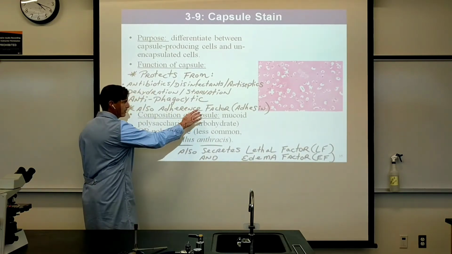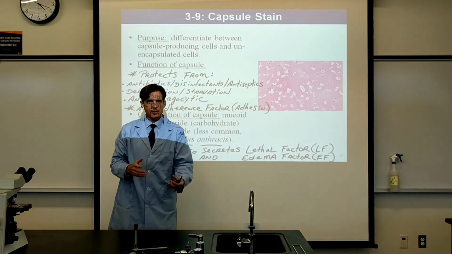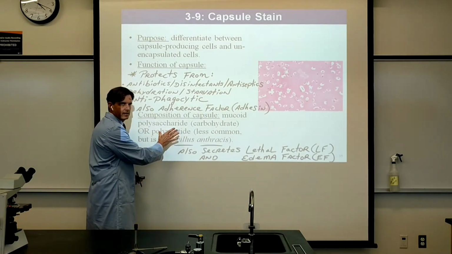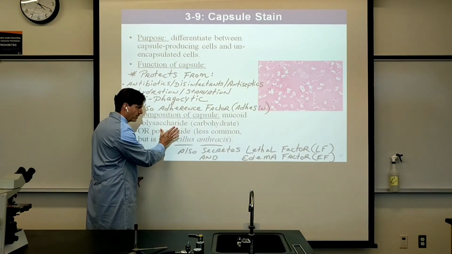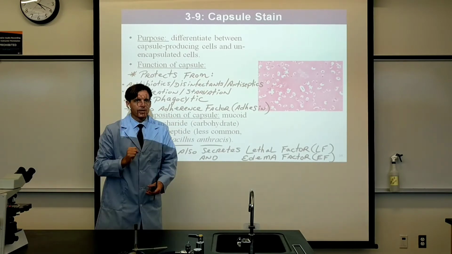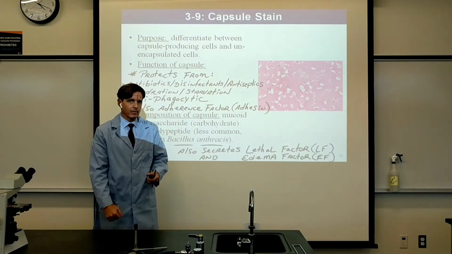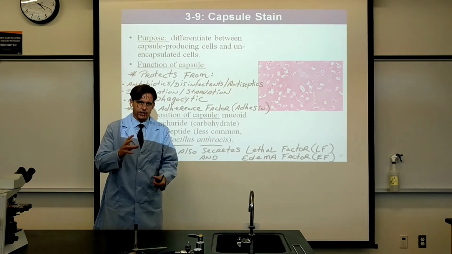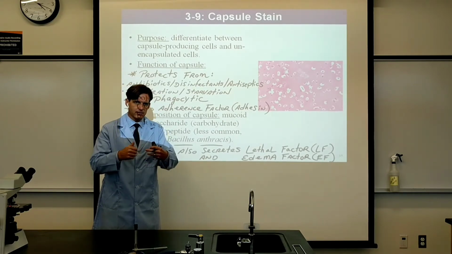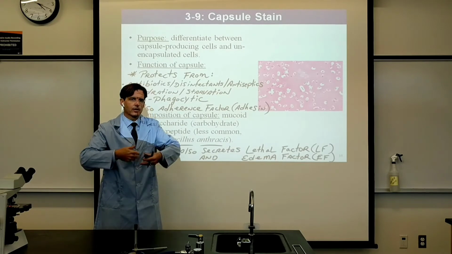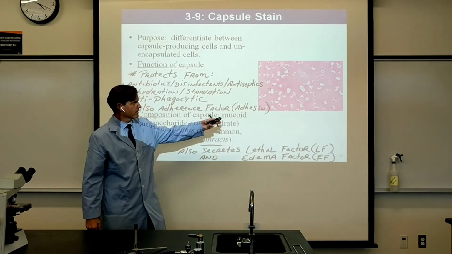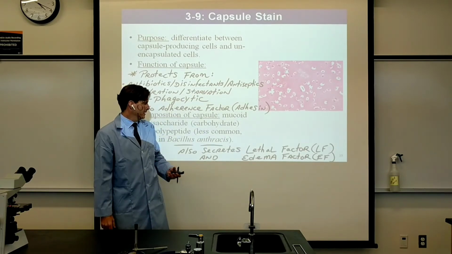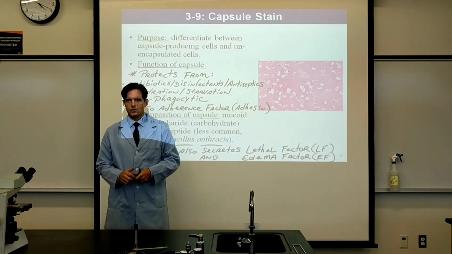So rather than a mucoid polysaccharide like most of the common capsules that we study, this pathogen has a polypeptide, which is a protein-based structure, and it's not digestible by normal events like a phagocyte ingesting and trying to digest the capsule. So the capsule itself becomes this undigestible shield, and that's why Bacillus anthracis is just so bad.